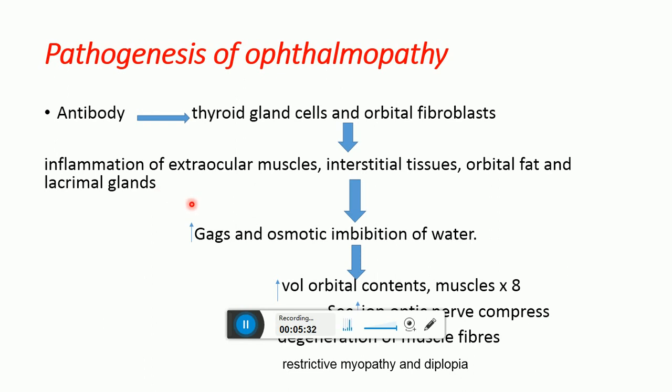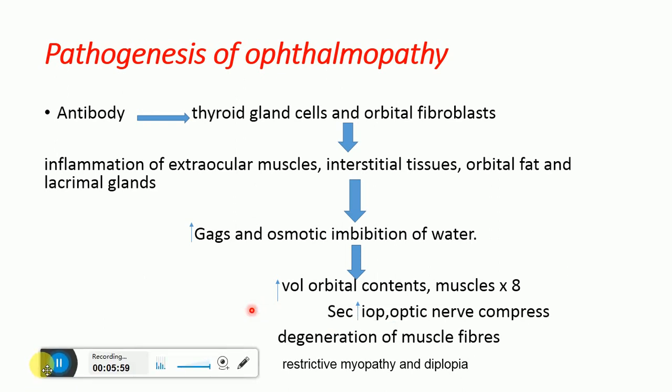So what happens further? There is pleomorphic cellular infiltration associated with increased secretion of glycosaminoglycans and osmotic imbibition of water. So there is an increase in the volume of orbital contents. Particularly the muscles increase in volume and can swell up to 8 times their normal size.